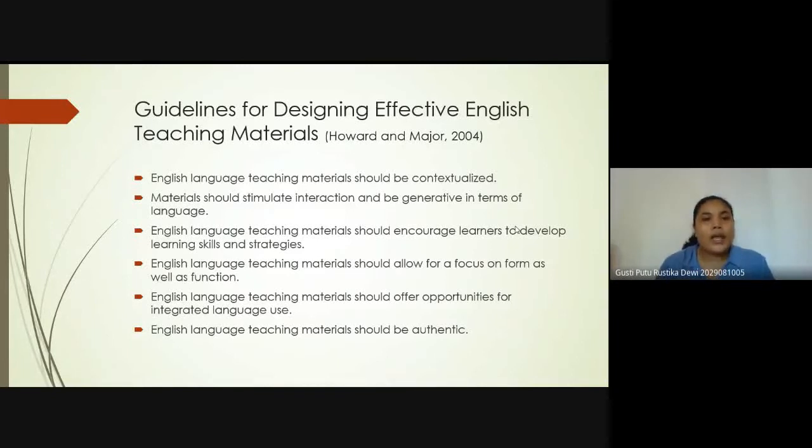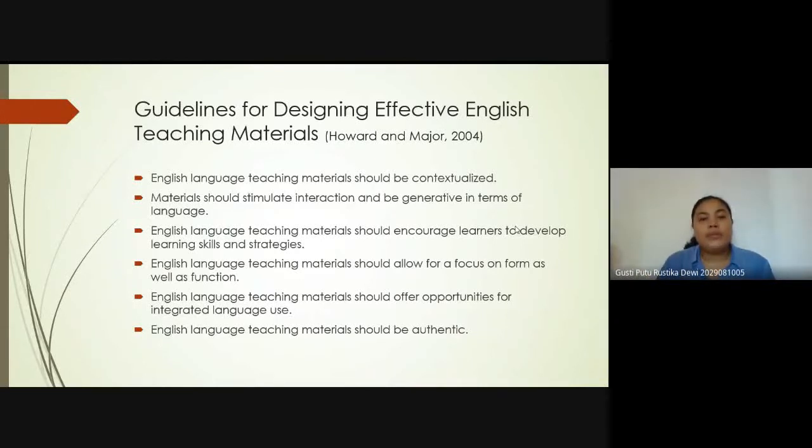The second guideline is material should stimulate interaction and be generative in terms of language. It means that the teaching materials should acknowledge the communicative challenge in interactive teaching approach.